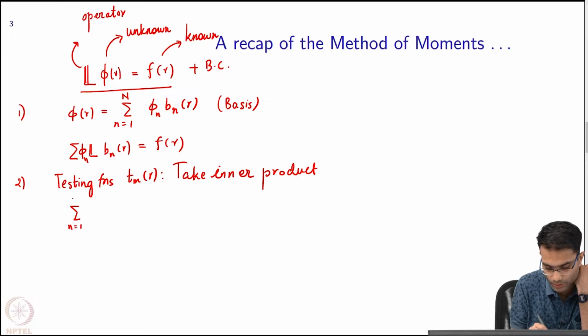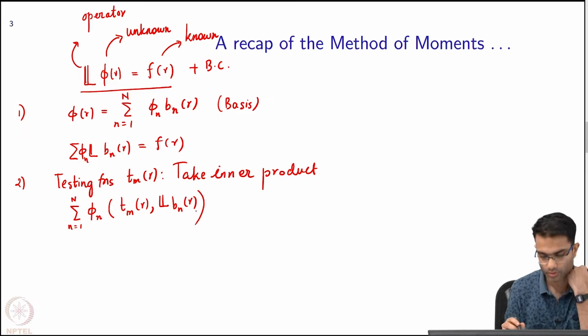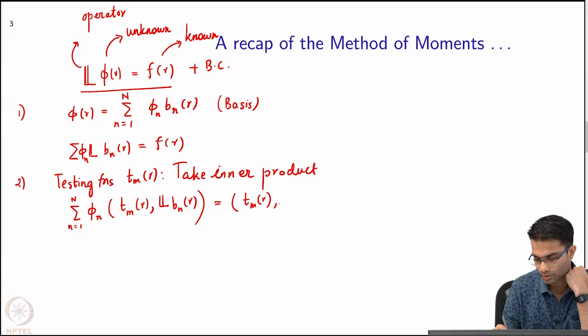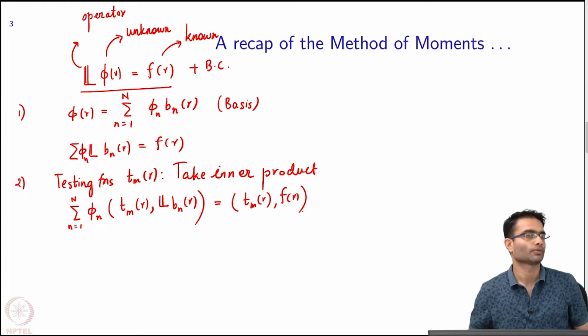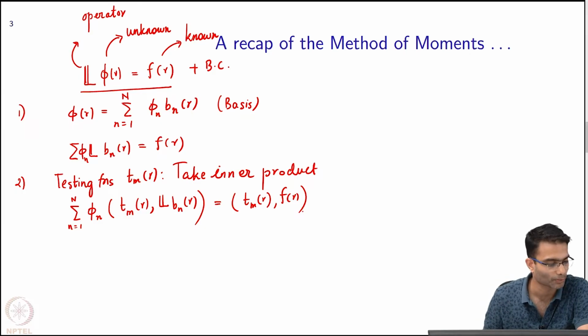This is n is equal to 1 to N. Okay. Phi n is a number that is constant, and here is where the testing function came. That is the left hand side, and right hand side simply became the inner product of T m with f. Right. So, this part is sort of familiar to all of you, right.